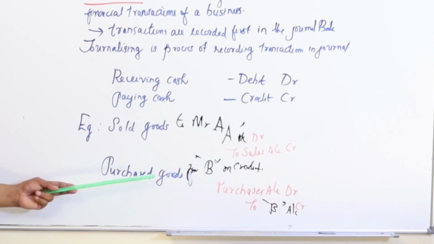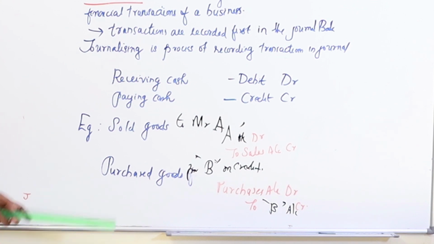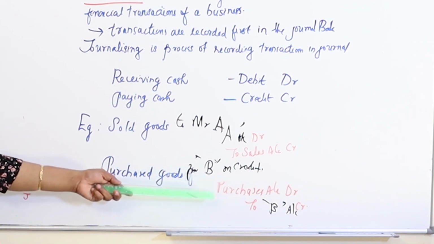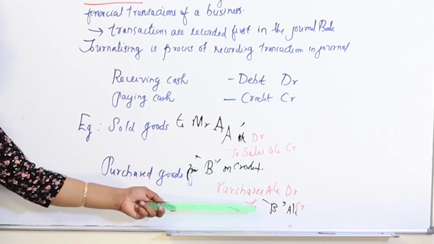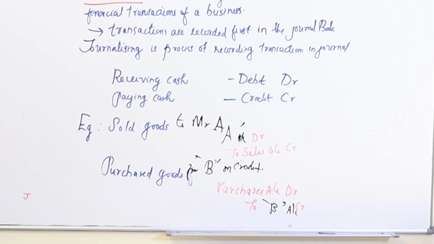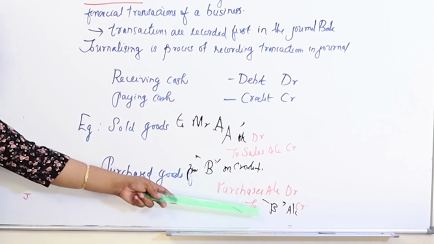Then purchased goods from B on credit. We purchased goods from B, we did not pay the amount. So it is payable to B in a future date. That means the entry will be purchase account debit to B instead of purchase account debit to cash. If it is a cash transaction, you have to write purchase to cash.